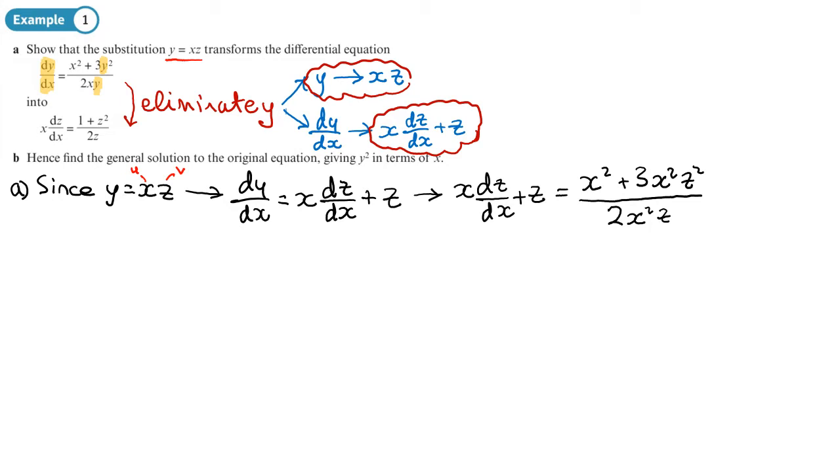Now if I have a look, I can divide all of these terms by x squared, so that will become 1. So what I will have is x dz dx, and I'm also going to move the z to the other side as well, so I'll take away z from both sides, so I'll have 1 plus 3z squared over 2z, take away z.